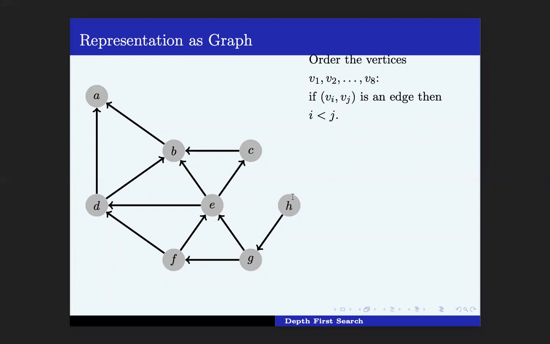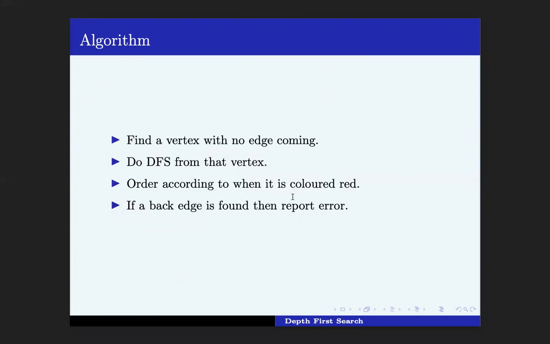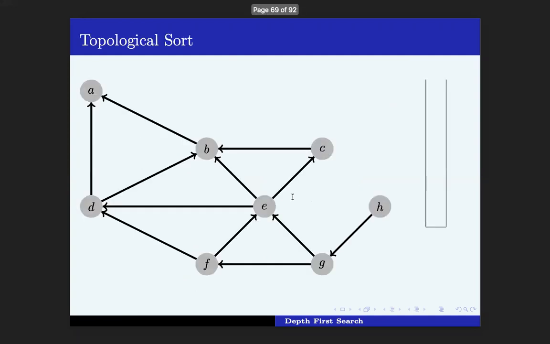And in that respect, you ordered them according to when the vertex was colored red, that is, according to when it was done completely. Okay. So basically here, if you do this topological sort, at this point, A is done, so I am writing A here.